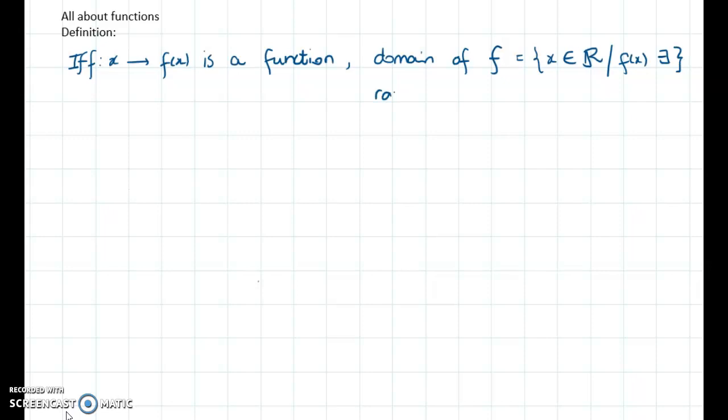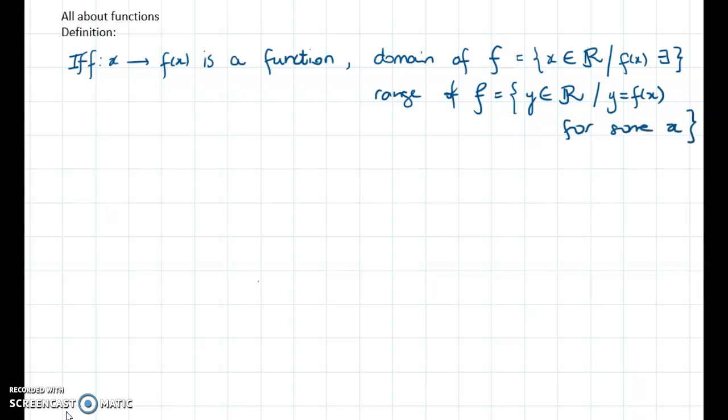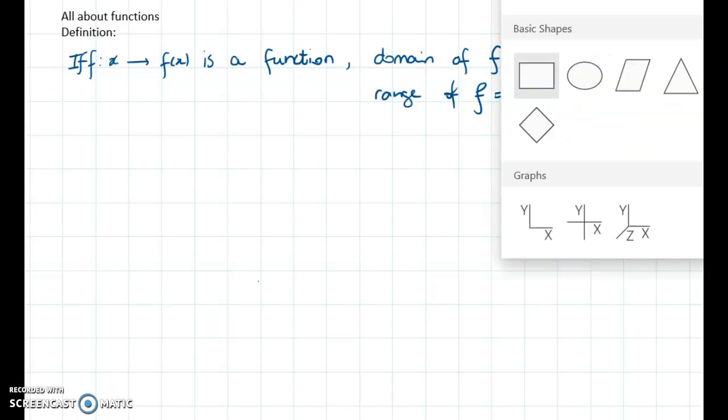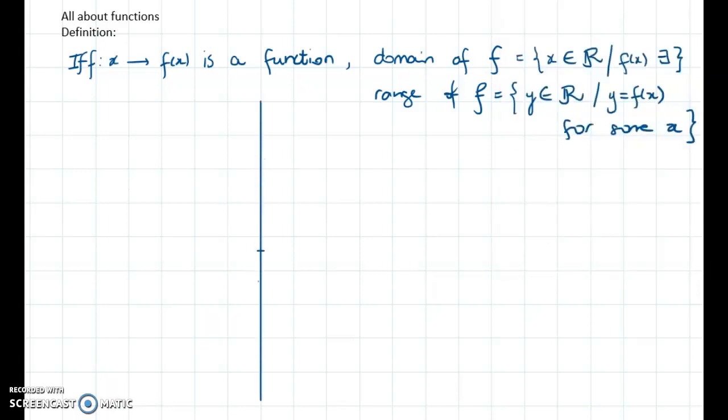On the other hand, the range of f is the values that are reached by the function. So the y belonging to the reals such that y is f of x for some x. In a picture, let's sketch one.